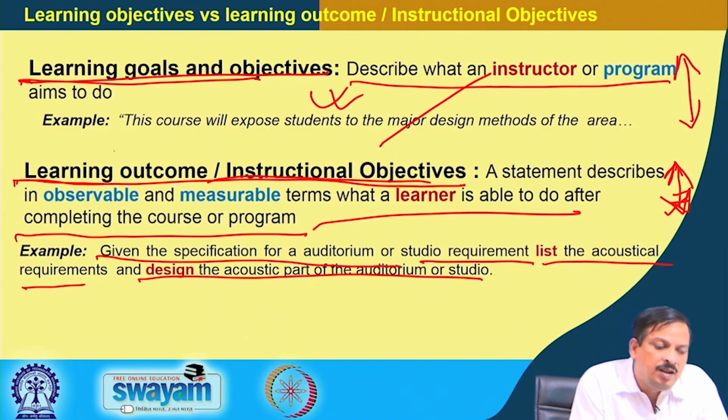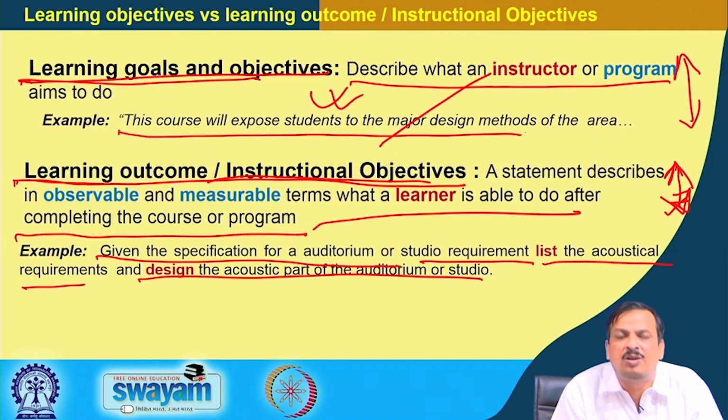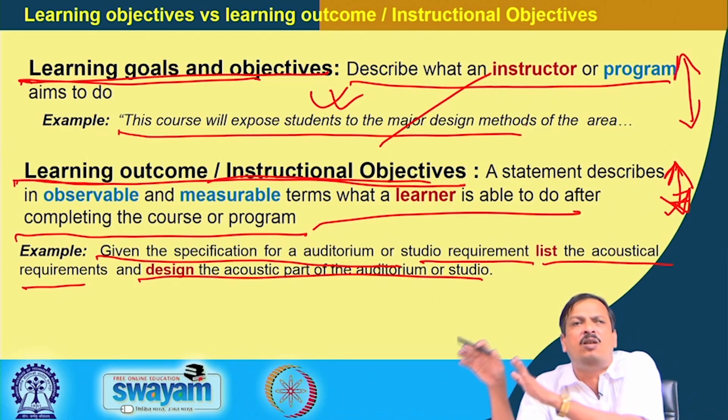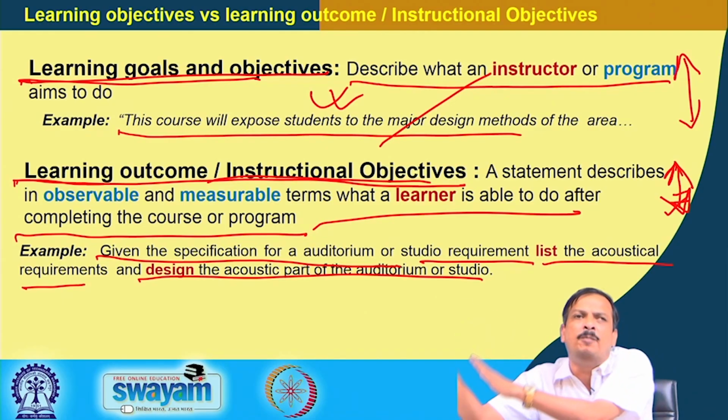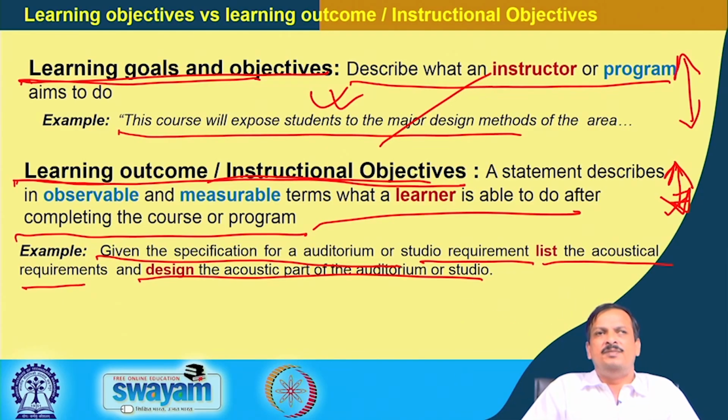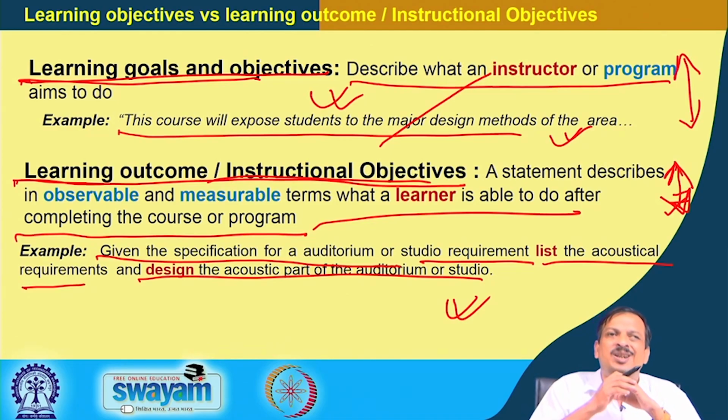But here, the course will expose students to the major design methods in the area of acoustic design. That is what the teacher wants to cover, and this is what the learner has to achieve. So, this is the difference between instructional objective and course goal or course objective.